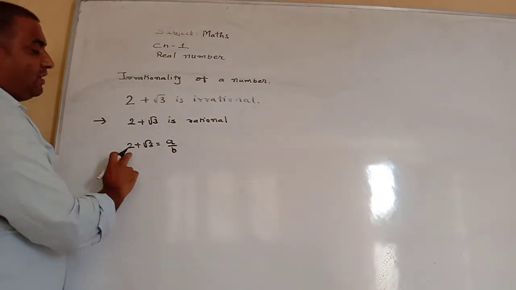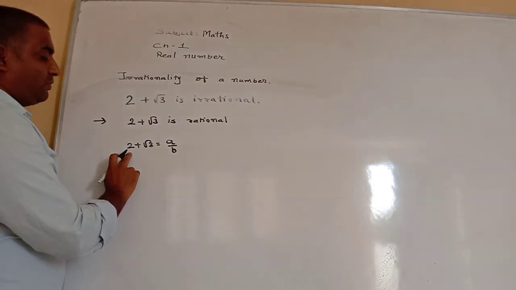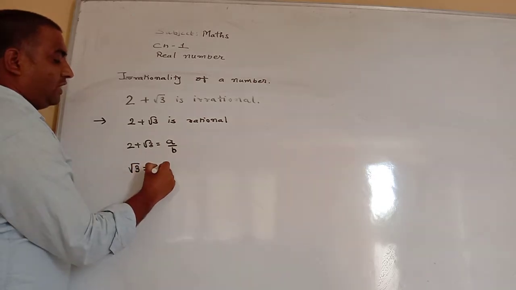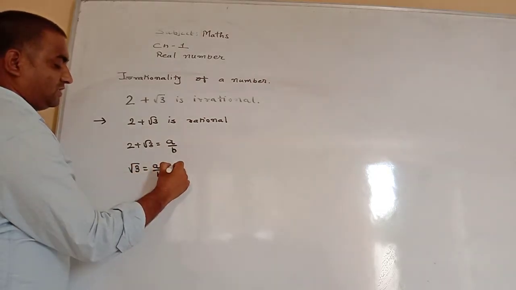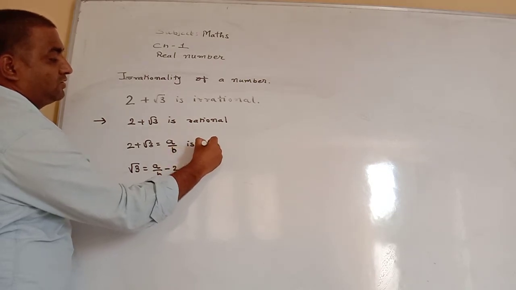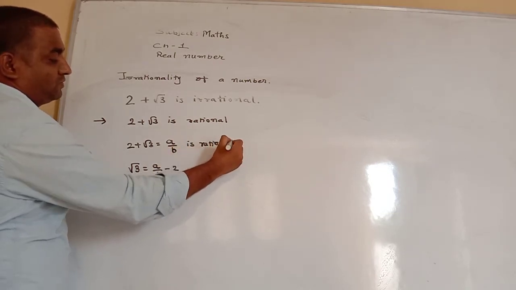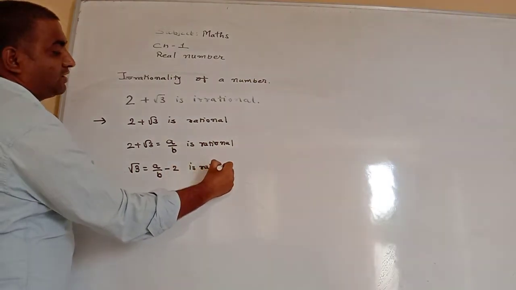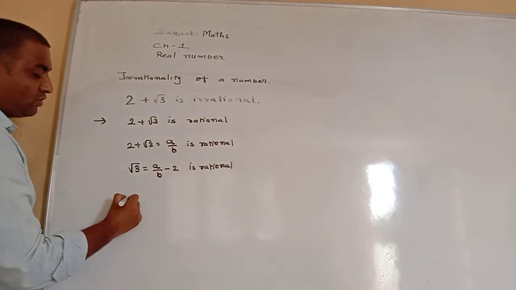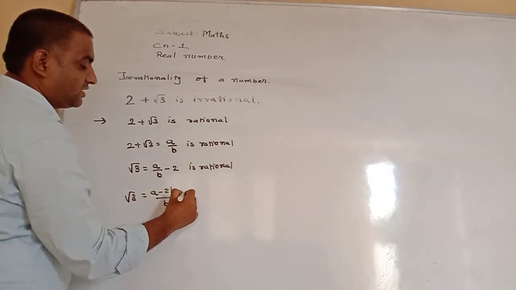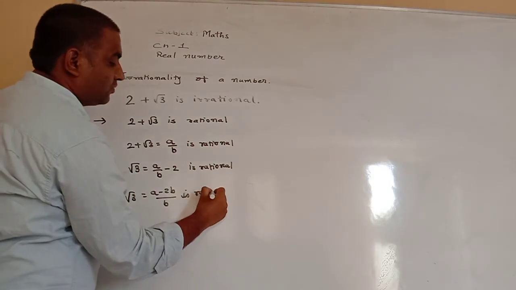So we take 2 to the other side, from left side to right side, then root 3 equals a by b minus 2, which is also rational, and so root 3 equals a minus 2b by b is rational.